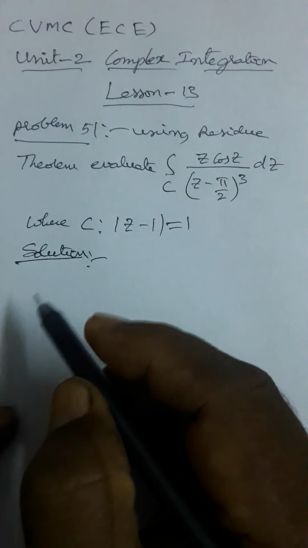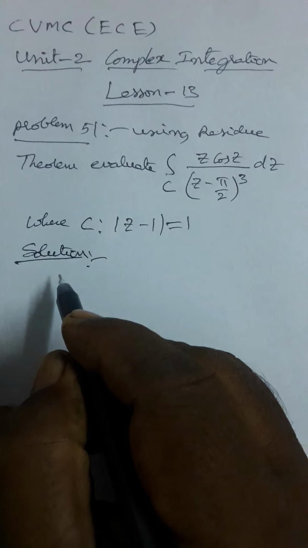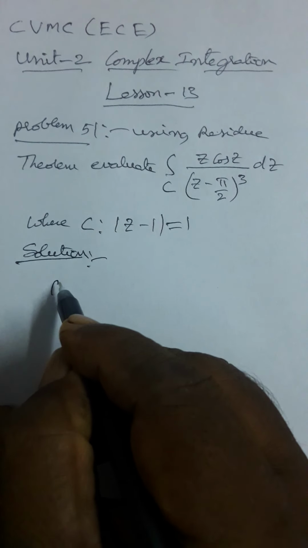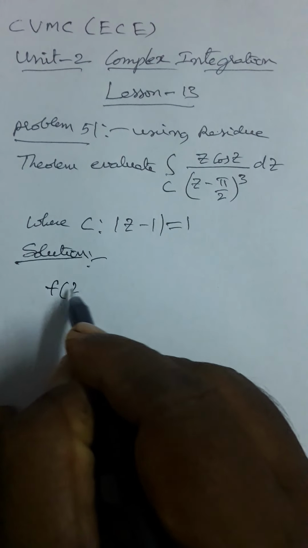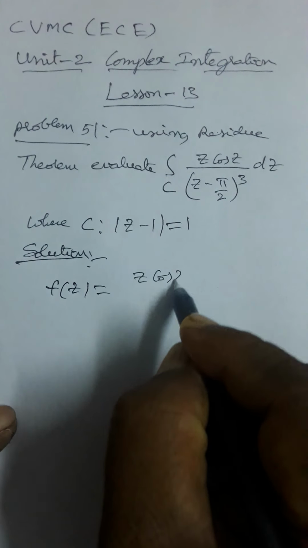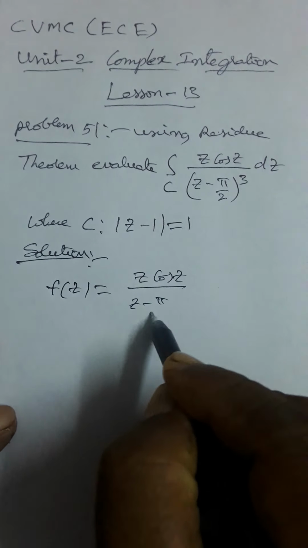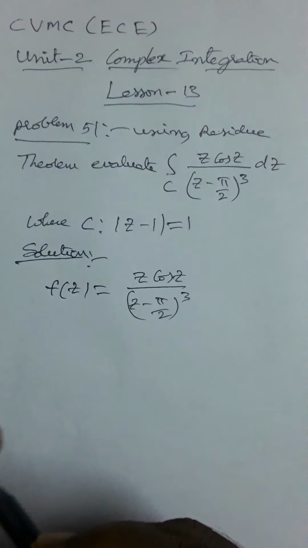Solution. According to the given problem, f of z is equal to z cos z by z minus pi by 2 whole cube.